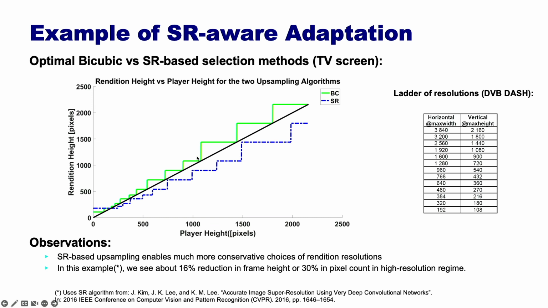In green is the rendition selected for bicubic upscaling, and in blue for super resolution. We see that super resolution-based upsampling enables much more conservative choices of rendition than bicubic. In this example, we see a 16% reduction in frame height, or 30% in pixel count, in the high-resolution regime.